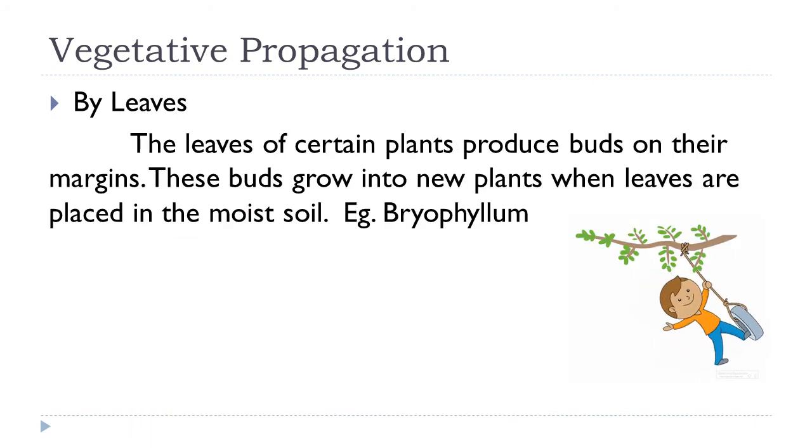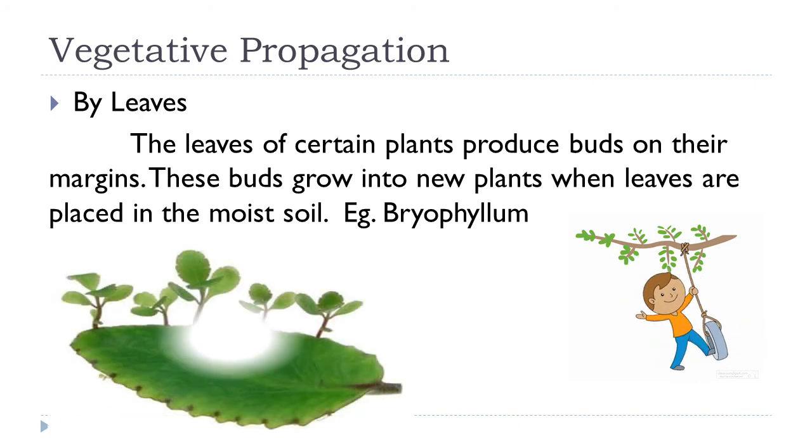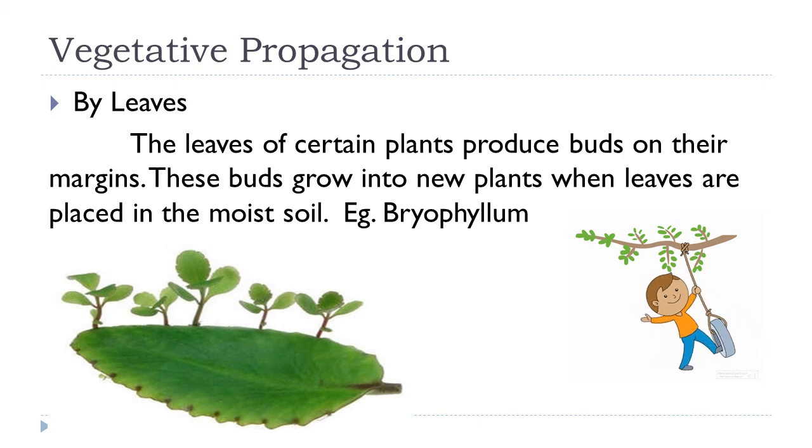Next one, by leaves. The leaves of some plants produce buds on their margins. These buds grow into new plants when leaves are placed in moist soil. This picture shows the Bryophyllum plant.